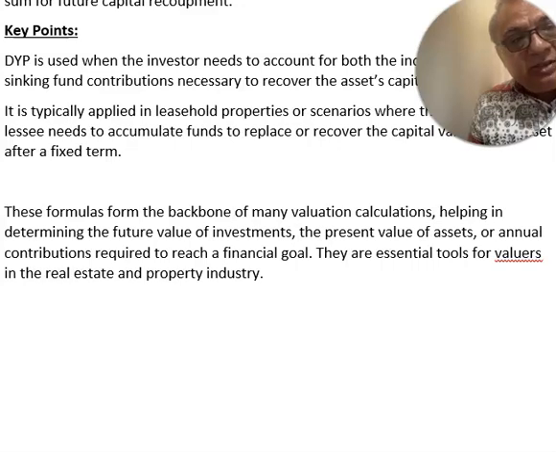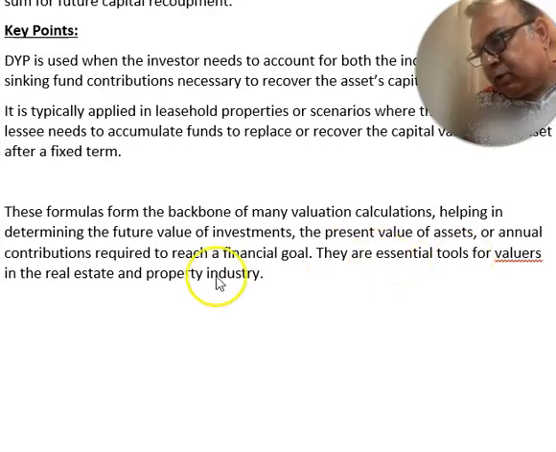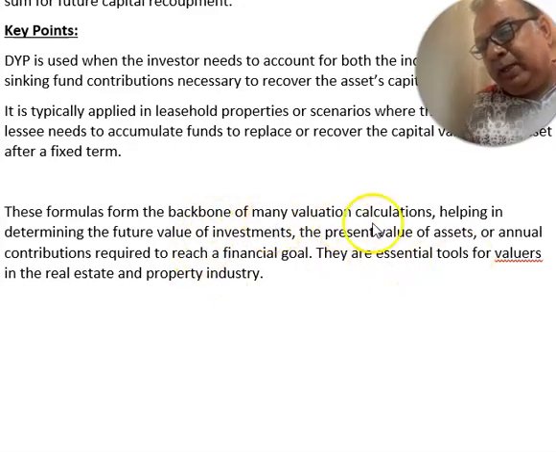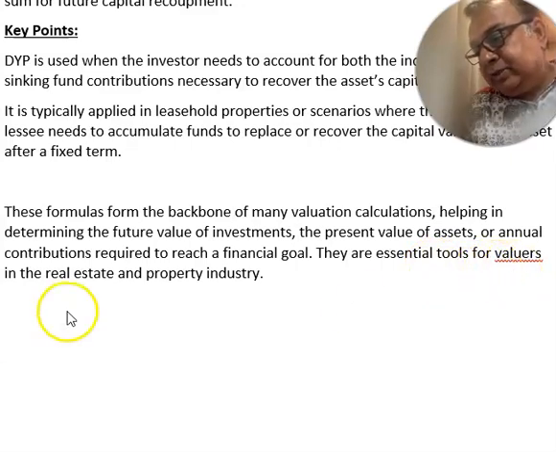All six formulas are very important for valuation. These formulas form the backbone of many valuation calculations, helping in determining the future value of an investment, the present value of assets, or the annual contribution required to reach a financial goal. These are essential tools for a valuer in real estate and property.